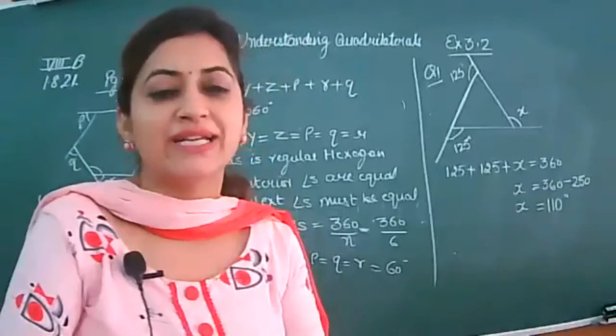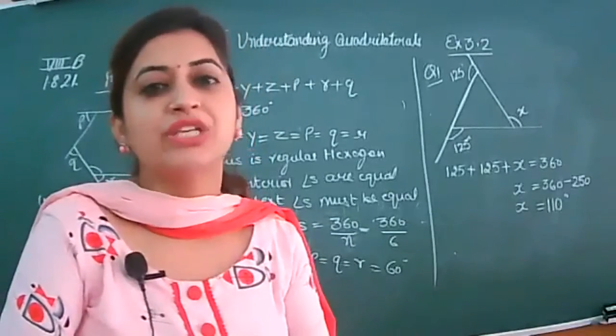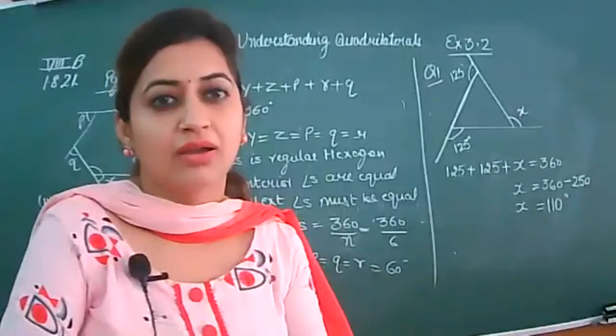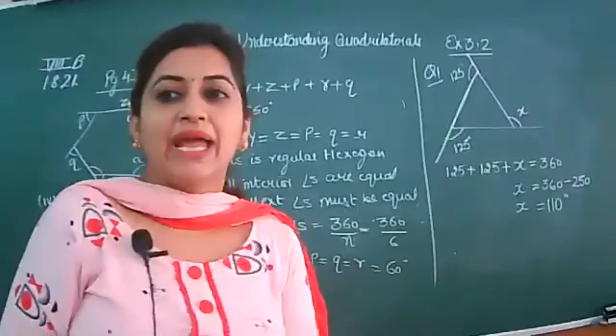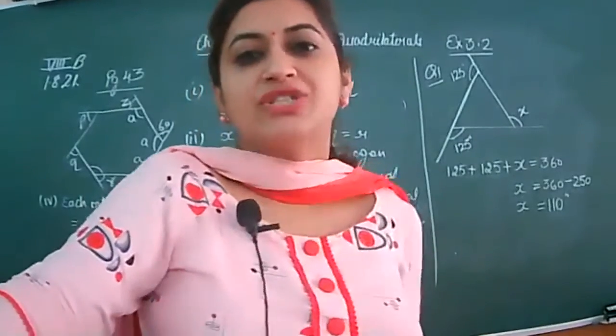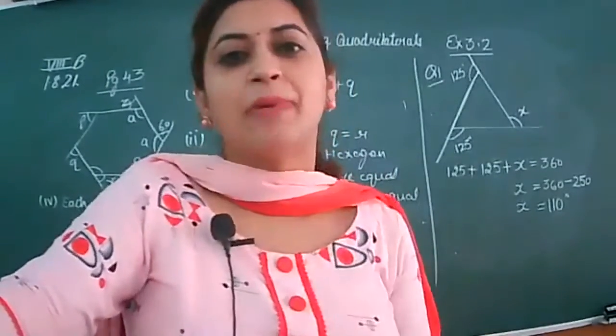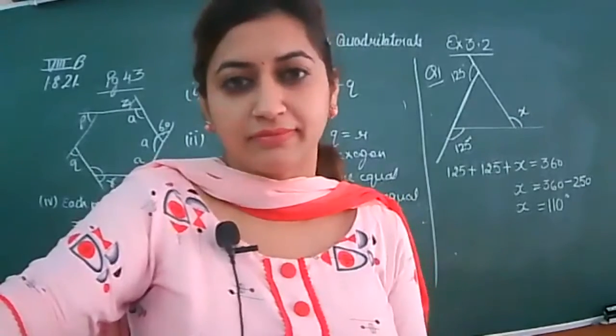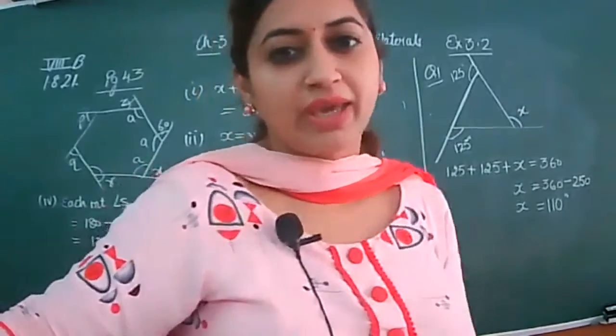360 divided by the number of sides, which is 9. Divide, each angle will be 40. N is equal to 9, number of sides are 9. Each exterior angle is 360 by n, 360 by 9, that is 40 degrees. Is it okay?